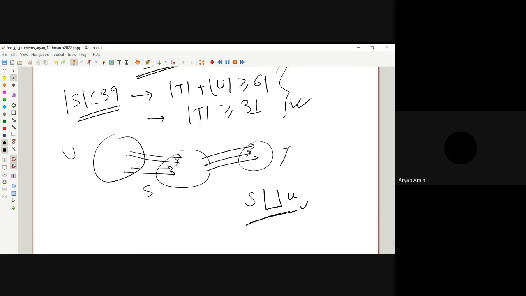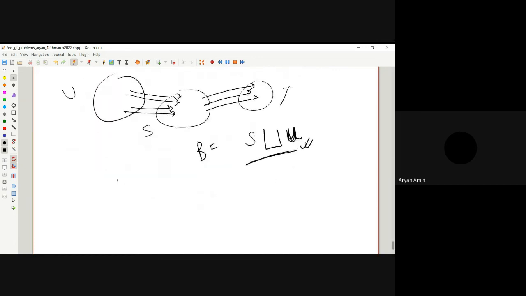Suppose you consider S union U, and name this set B. Note that B union FB must be the entire set X, right? Because F of S is just T, so you are spanning the entire set basically using B union FB. Do you understand why this is true?